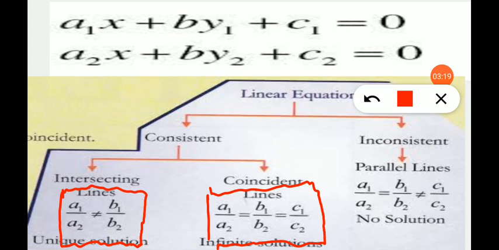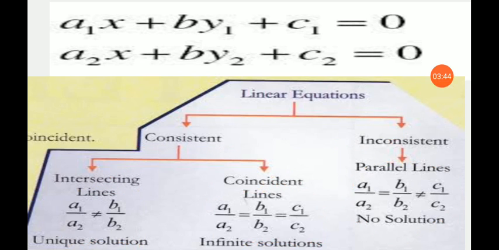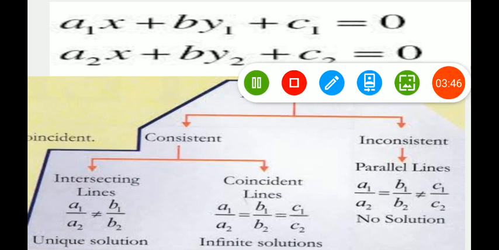And if a1 by a2 is equal to b1 by b2 but not equal to c1 by c2, it has no solution. And as already discussed, when there is a unique solution or infinite solutions, the system is consistent, and when there is no solution, the lines are inconsistent. Got it, students? Okay.